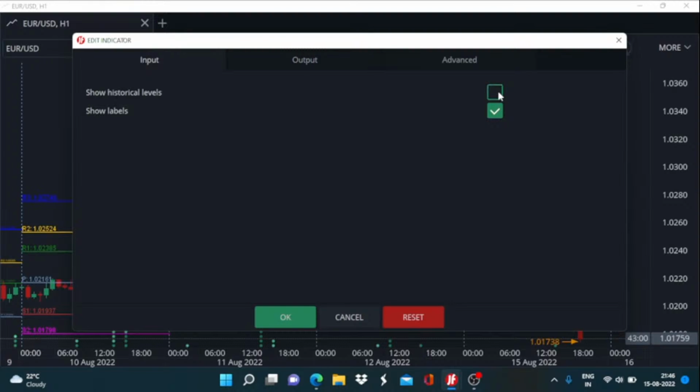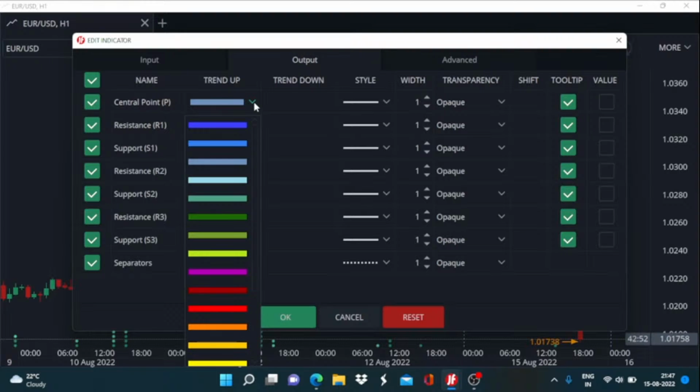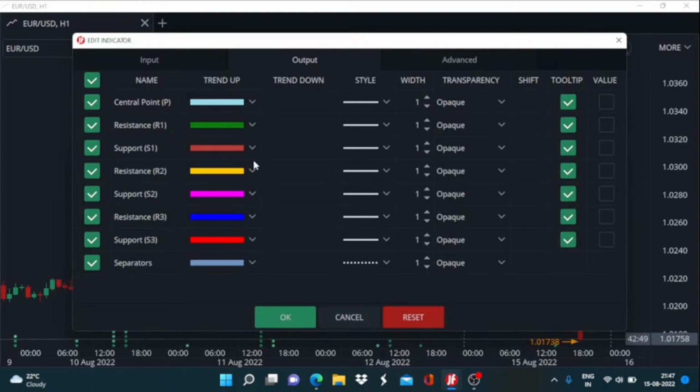I will remove these historical levels and we will simply utilize some key resistance and support levels and the central point to style it up.